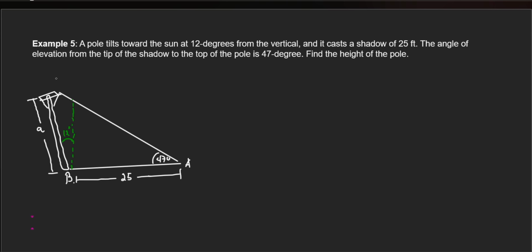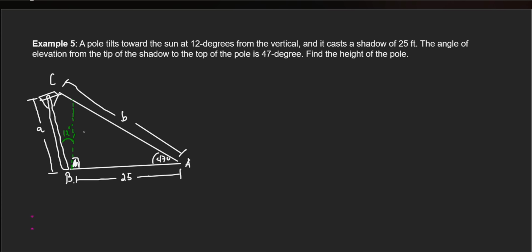Then this is considered as our C, and from point C to point A, that is considered as our b. Now remember that this angle here is equivalent to 90 degree. Now, the question here is we need to identify the height of the pole. Okay?